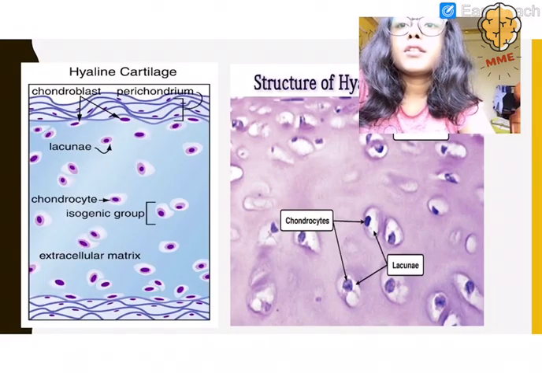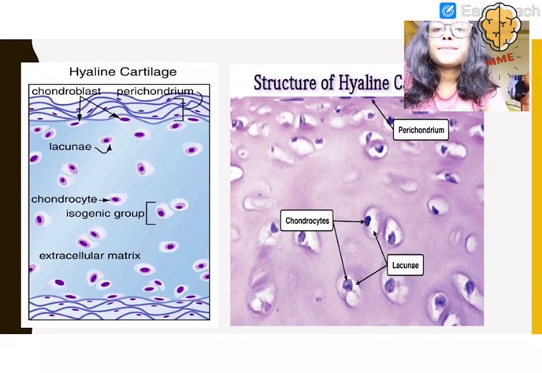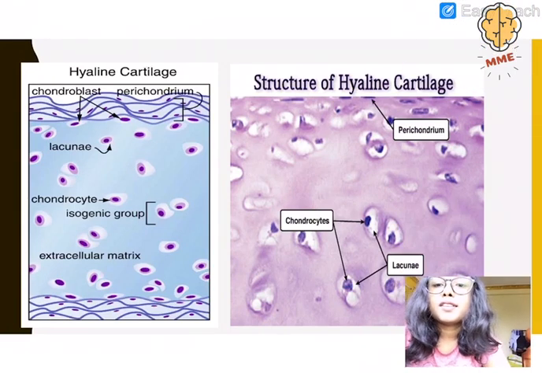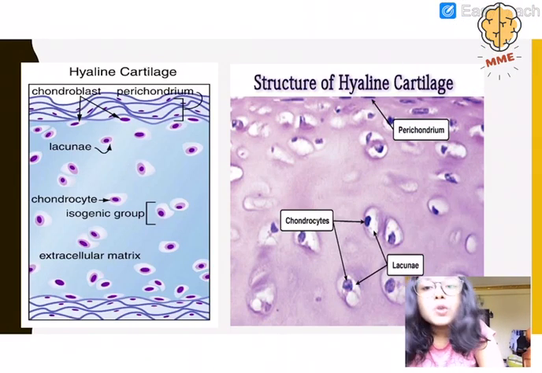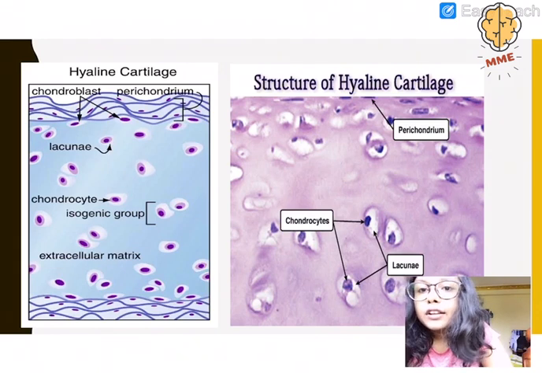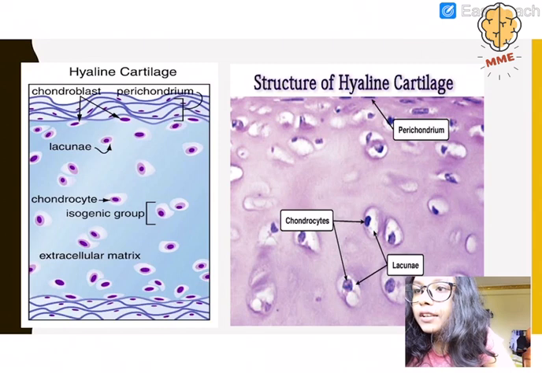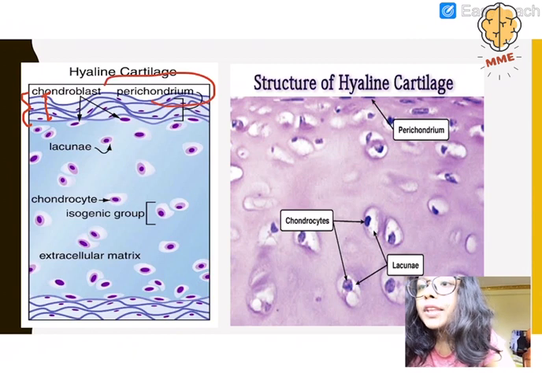Now, in hyaline cartilage you will see a structure like this. First of all, can you see this length, this breadth? This is the perichondrium.